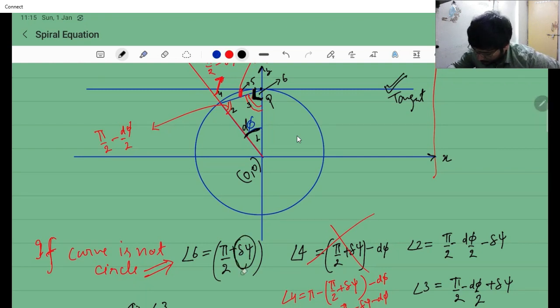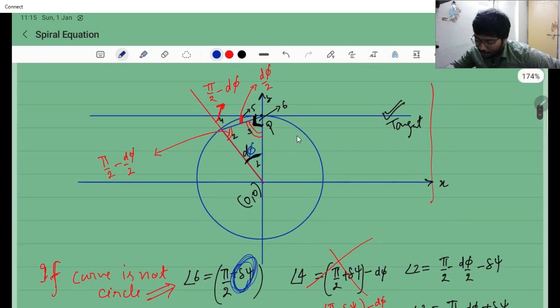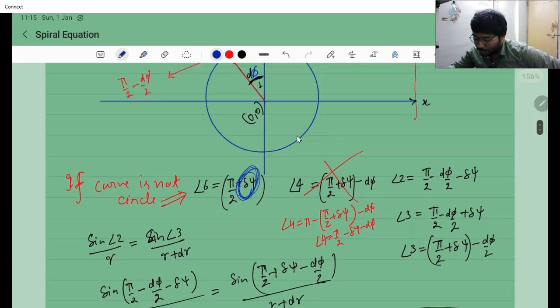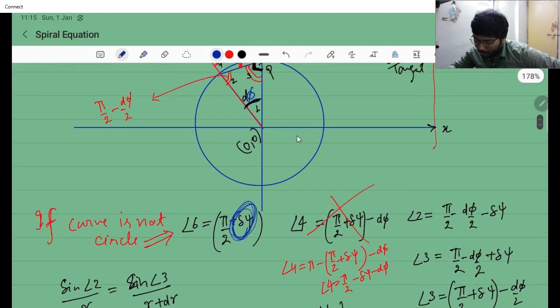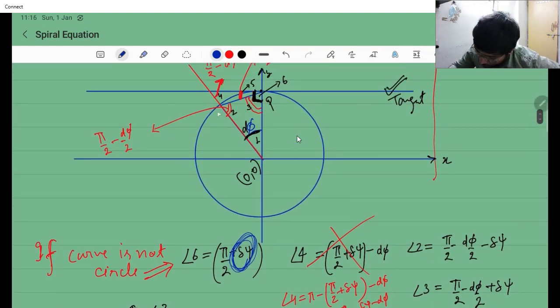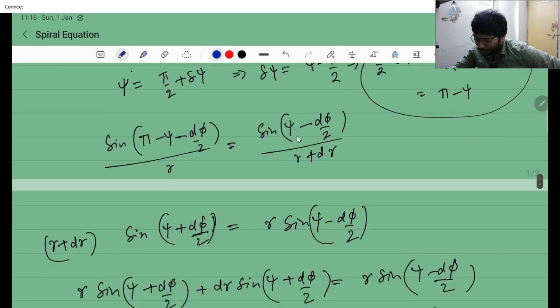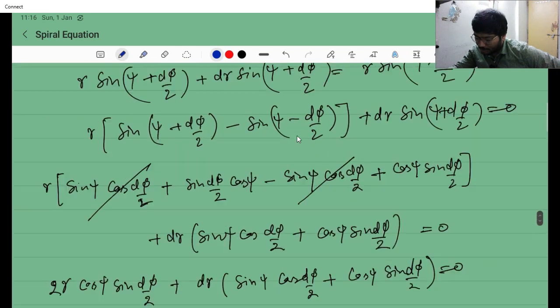So as you can see here, I have changed angle 6 to pi by 2 plus delta psi. In this way I have derived all the angles again and written down angle 2, angle 3, angle 4, and used the sine rule within the triangle PQR. I also used the approximation that delta psi square is 0, because delta psi is already small.